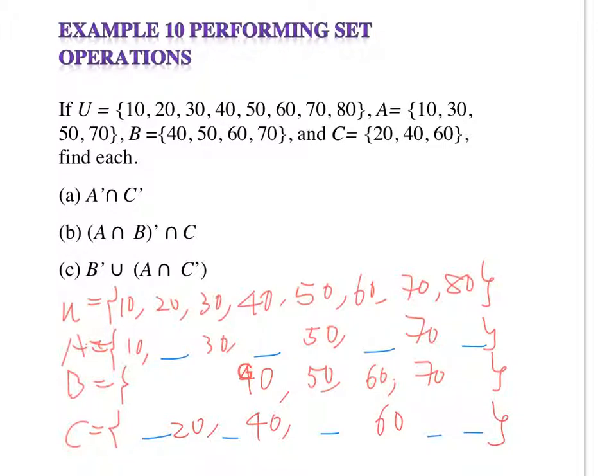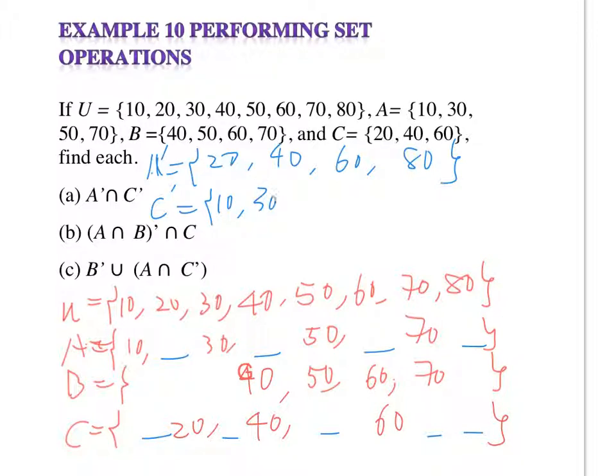Okay, so if I list these two out, I have A complement equals 20, 40, 60, and 80. And then I have C complement as 10, 30, 50, 70, and 80.